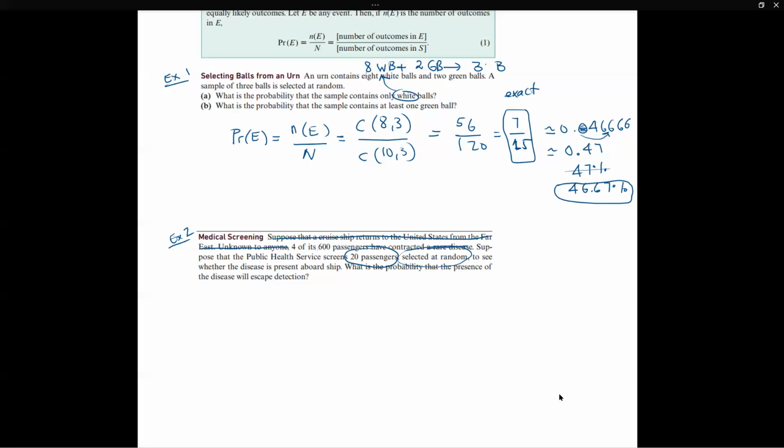There are the combinations, that's how many samples you're going to have. So let's write it down. You're going to take 20 out of 600. So that's how many samples you're going to have.